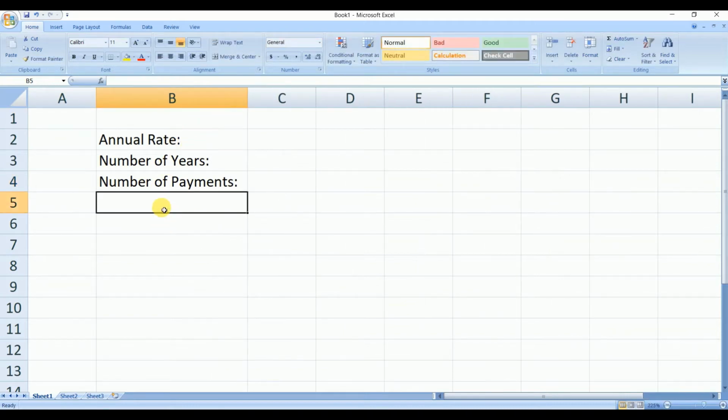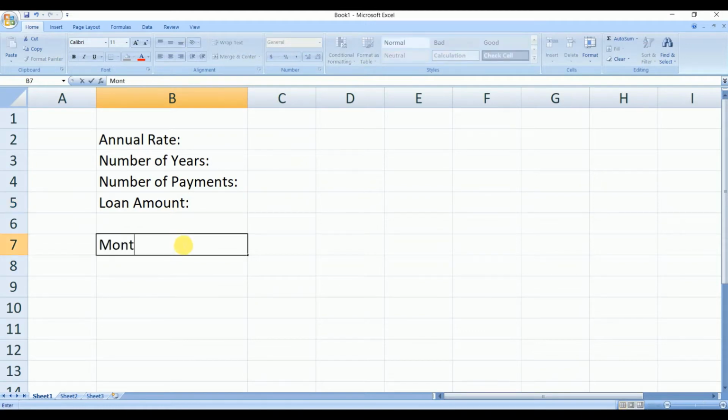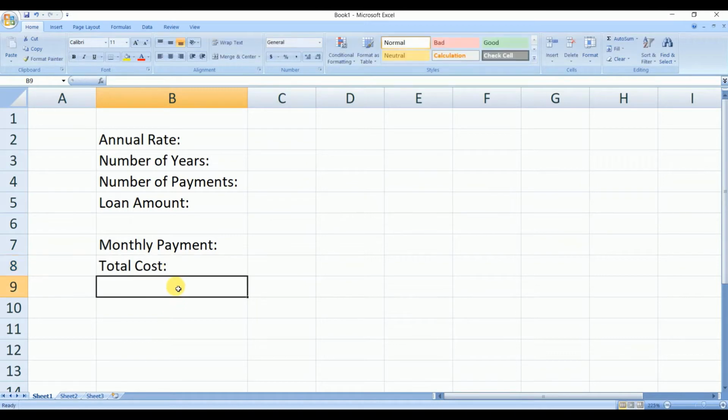Then we also have the loan amount that we will collect from the bank. Then we will calculate the monthly payment that we will make. That's payments that we will make every month to the bank. Then what will be the total cost of this loan on us, and what will be the total interest that we would have paid at the expiration of this period. So those are the things that we will calculate.